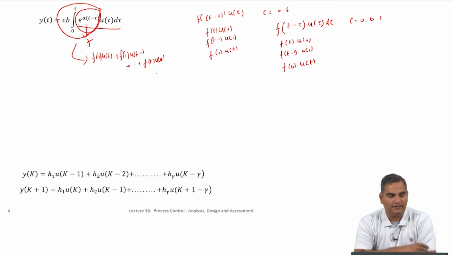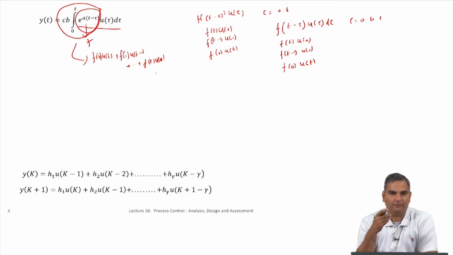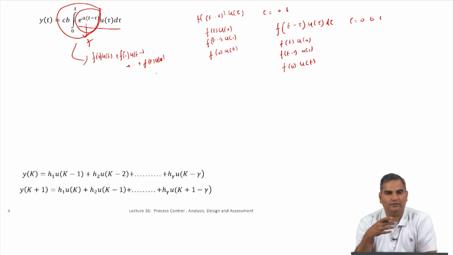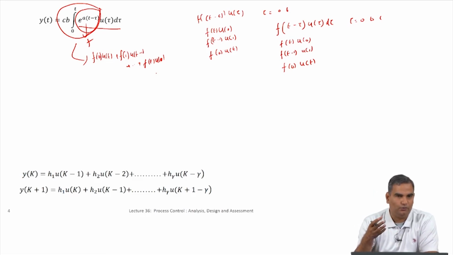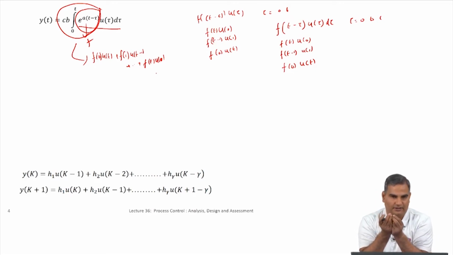What we are basically saying is, if I have made control moves starting from time t equal to 0, 1, 2, 3 all the way up to t, and I want to know the effect of all of these control moves on y of t, then every control move is weighted by some function, in this case f of 0, f of 1 all the way up to f of t.